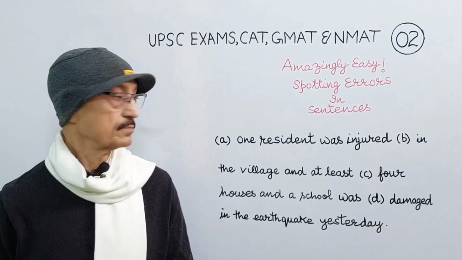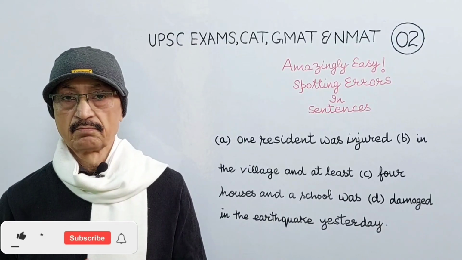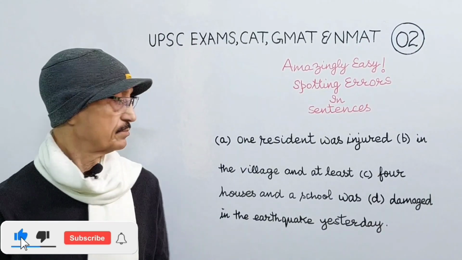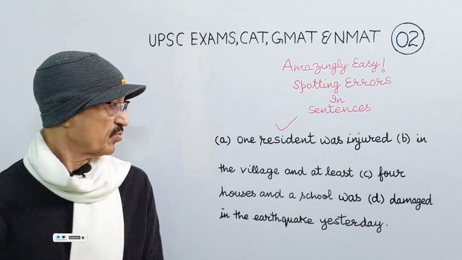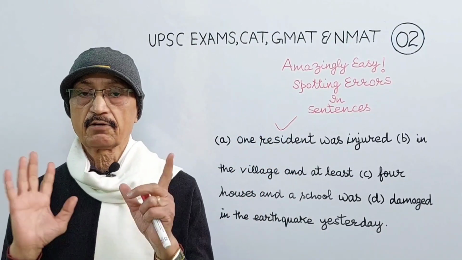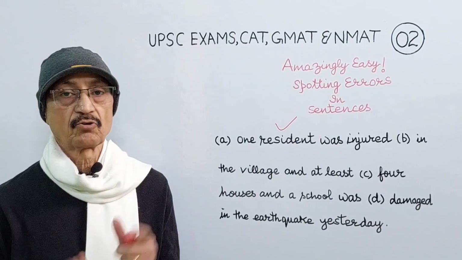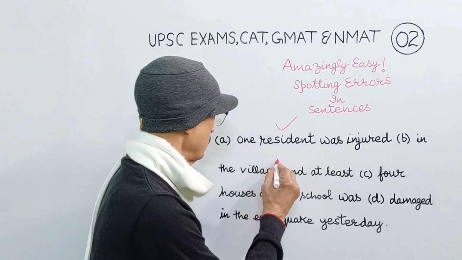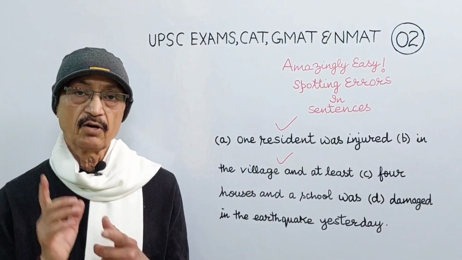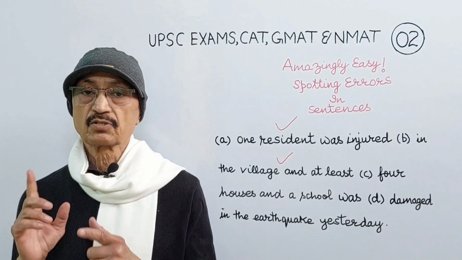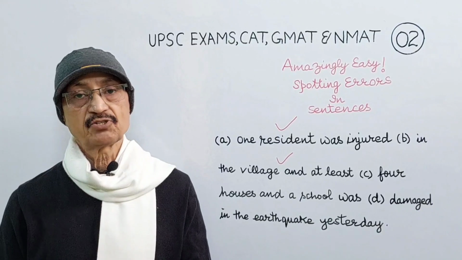Take part A. One resident was injured. Part A is correct. Take part B. In the village and at least. Very easy. It needs no correction. Take part C. 4 houses and a school was. This part contains an error.